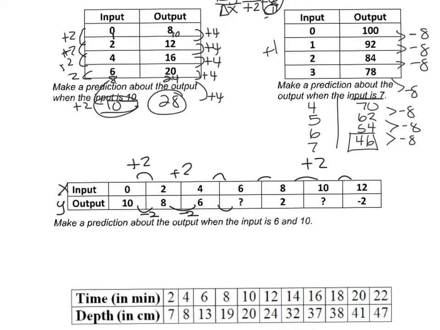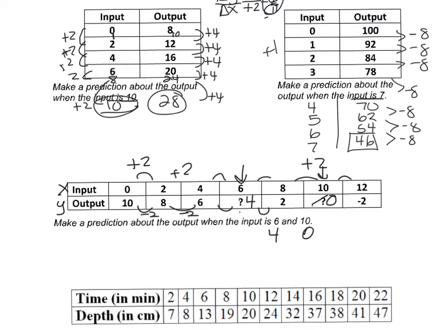So the next one, if it's a 6, this would be what? It would be 4. Then decrease by 2 again, you get 2. Decrease by 2 and you would get 0. And then decrease by 2, you get -2. Okay, so if the input is 6, the output will be 4. And if it's 10, my output will be 0.